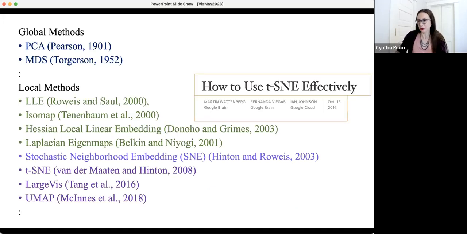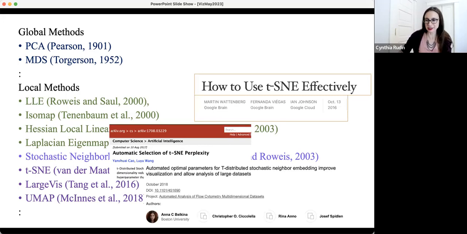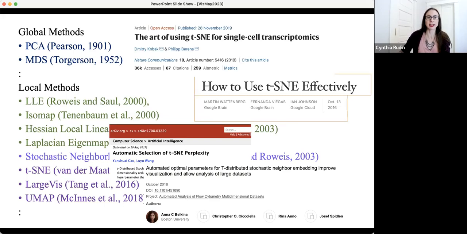That's why this whole literature arose: how do you use these methods effectively? The reason is that these methods didn't actually work right, and it was really hard to tune the parameters. So you have all these papers on automatic tuning of the parameters, and how to use this for transcriptomics and so on.